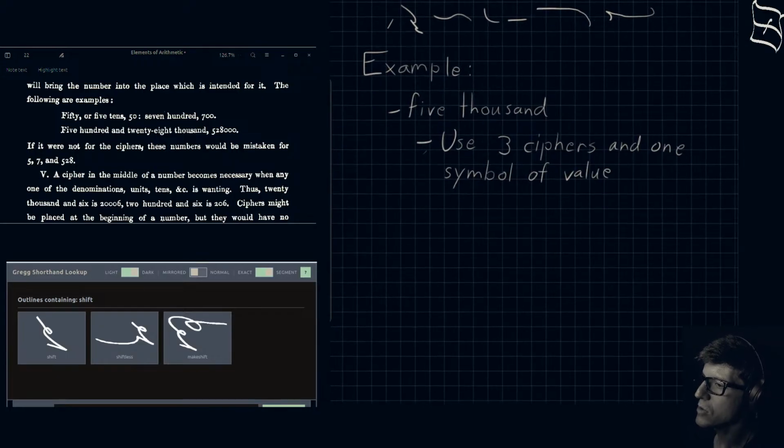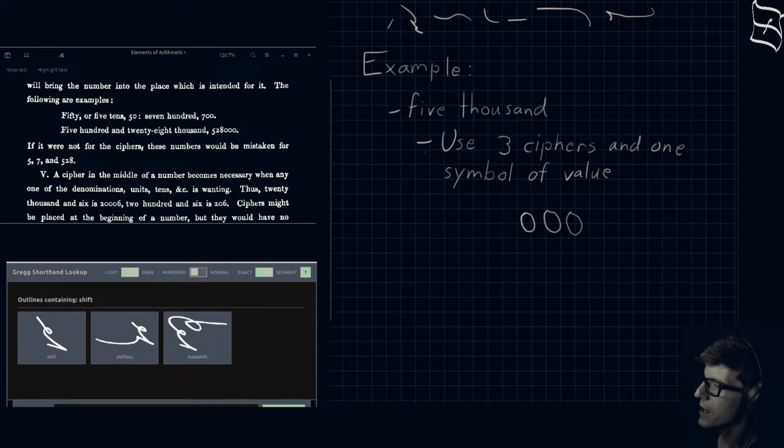Okay, so to do that, we have to shift our number over, correct? So we start first with the cipher. In 5,000, there's nothing in the units place, so we have to drop a 0. There's nothing in the tens place, so we drop a cipher, and there's nothing in the hundreds place, so we drop a cipher.